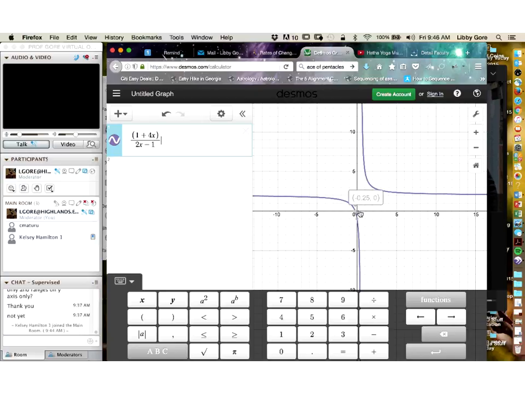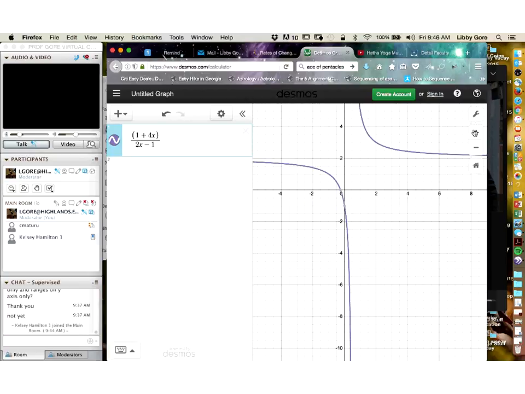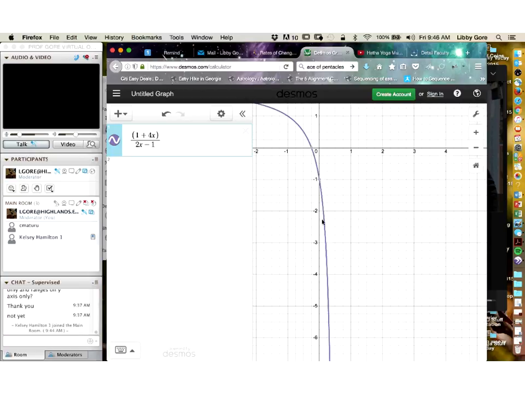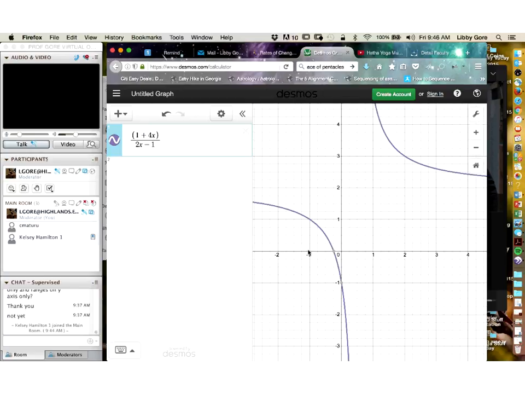And if I can hit it on the money, if I can scroll out to 1/2, let me actually zoom in. I think that'll make it easier for me to get to, yeah, now I can really hit 1/2 here with an x value of 1/2. Notice if I scroll along the function, let's say I just click here, it's going to show you, okay, when I plugged in -1 into that function, I got out +1.